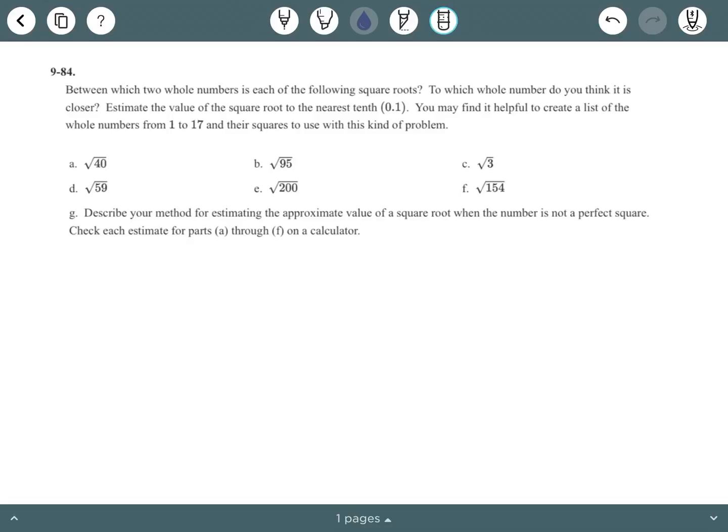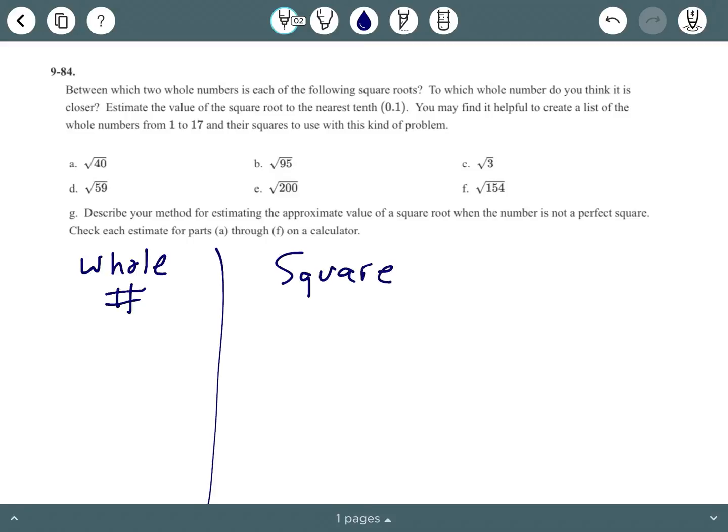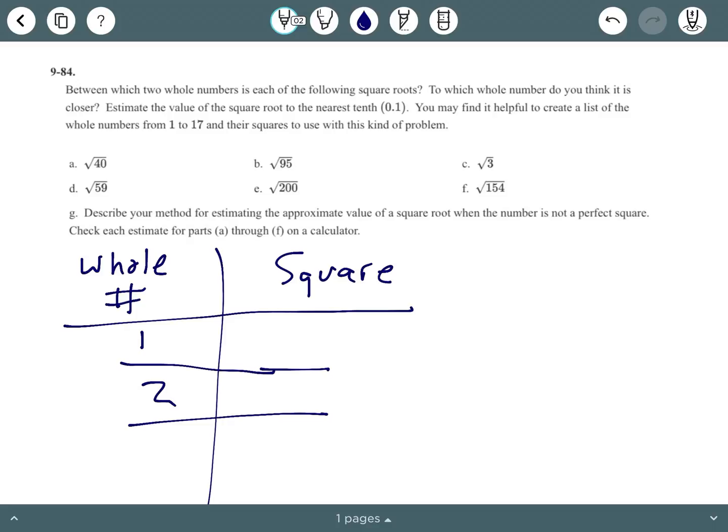So, first of all, what they mean when they say you may find it helpful to create a list of whole numbers from 1 to 17 and their squares is that we are going from the whole number to its square. So if you wanted to, you could start at 1, 2, 3.